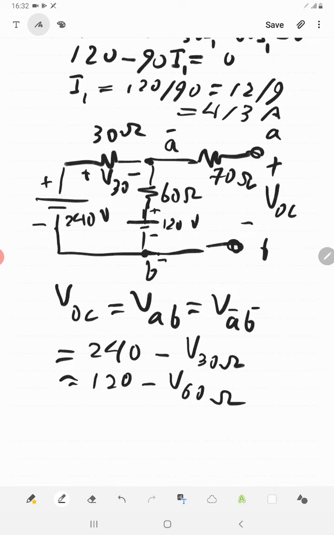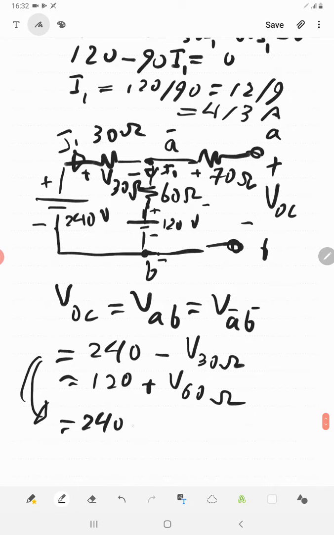Here plus minus V30 ohms, because the current direction in I1 is here, while I1 is the same here, so here is a plus and minus, so here will be plus. It will give you the same current. If we take this one, it will be 240 minus 30 times I1.